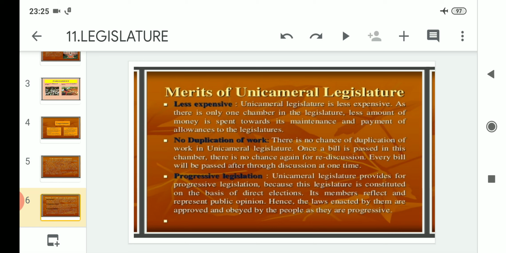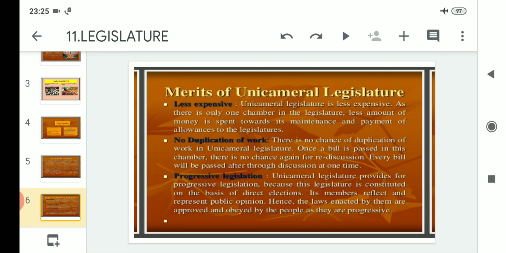So number one advantage or merit was that it is less expensive, then it has no duplication of work as there is only one chamber. Whatever bills or laws are formulated, if the bill is passed, then it will be assumed as passed because it has no second house. And thirdly, we read about progressive legislation, because in a unicameral legislature there is only one house of the parliament, so every member elected to that single house is elected through direct election.